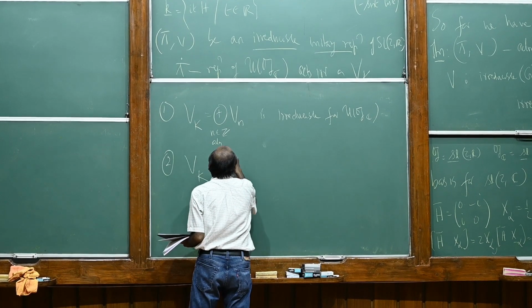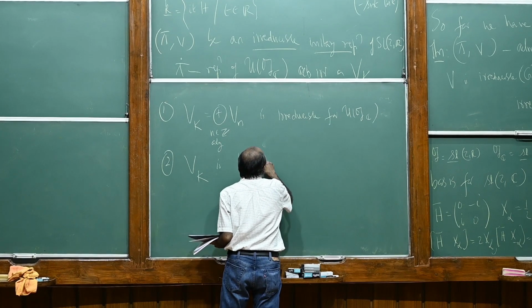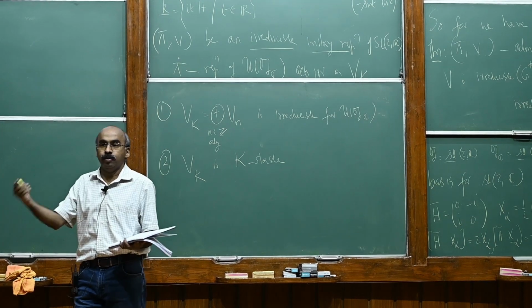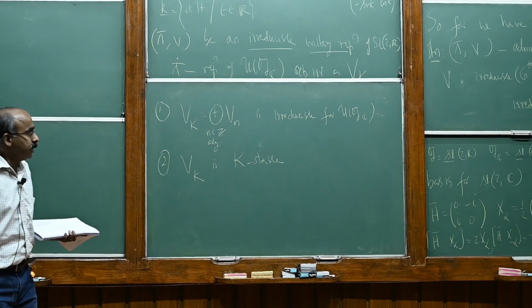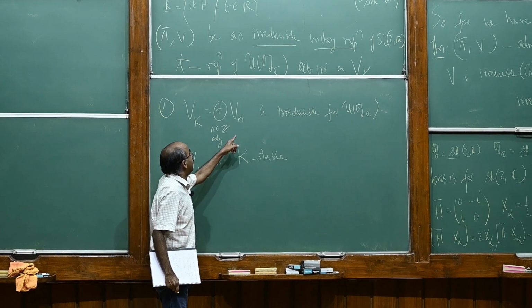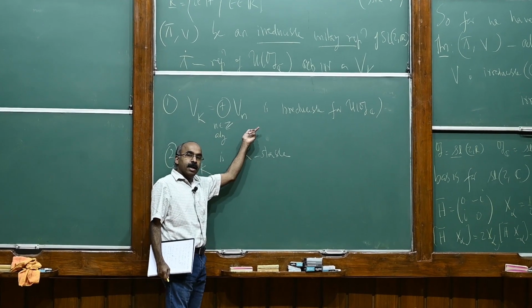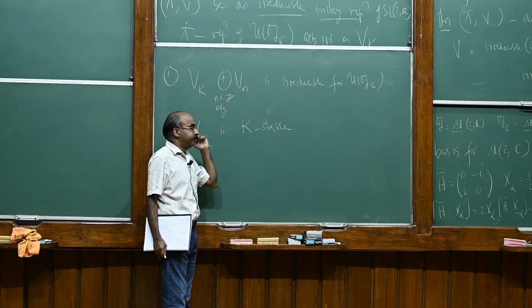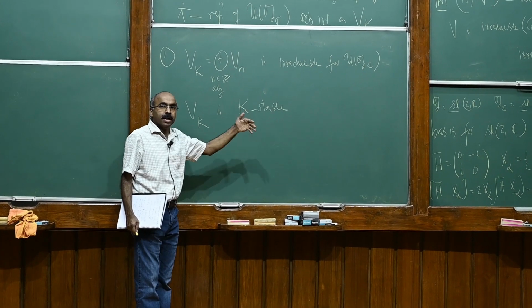Vk is K-stable, meaning K-invariant, where K is the compact group. That is because this is simply the direct sum of the Vn's, and if I take a vector from here and apply K, I'm going to land there. There is no need of a closure and things like that.